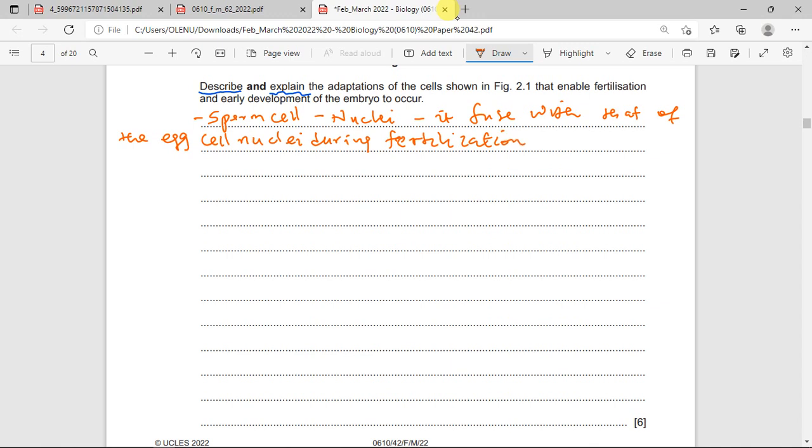The second point I'll bring in is, I can decide to call this one, it has nuclei.